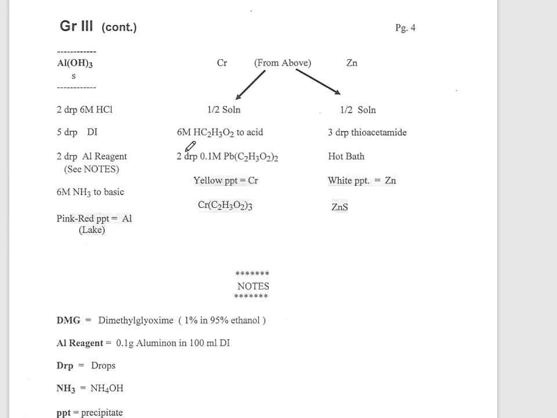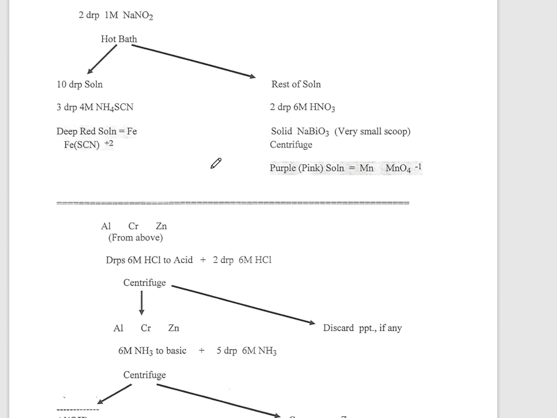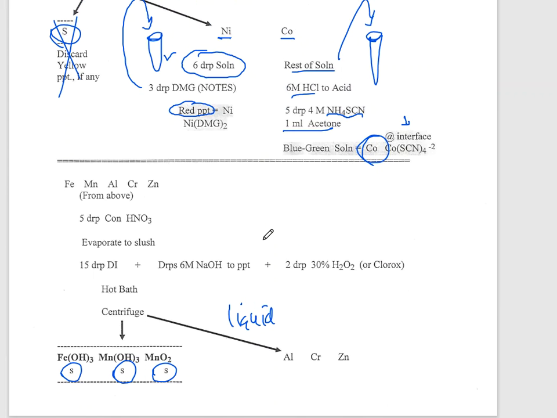All right, so my advice to you is to go and print this off, read through it, make sure that you understand what these steps are telling you to do as you go forward.